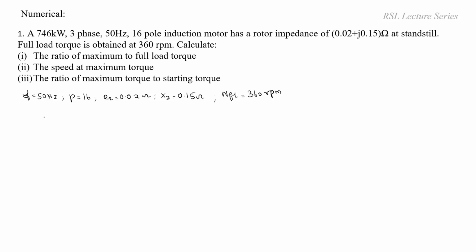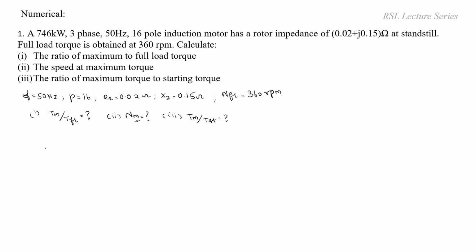So first we have to calculate the ratio between the maximum torque and the full load torque. And second one, we have to find out the speed corresponding to maximum torque. So the M represents maximum. So next, the third one, the ratio between maximum torque to starting torque.